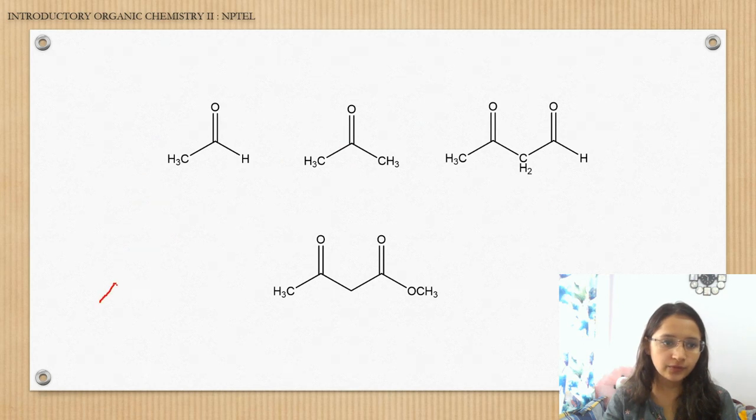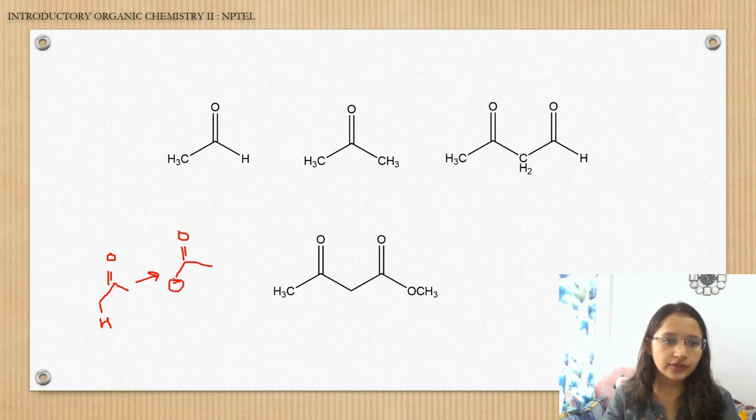So we have seen that this is a ketone. If this ketone has an acidic hydrogen here, a base can abstract it and then the corresponding anion can get formed. This anion is getting formed.